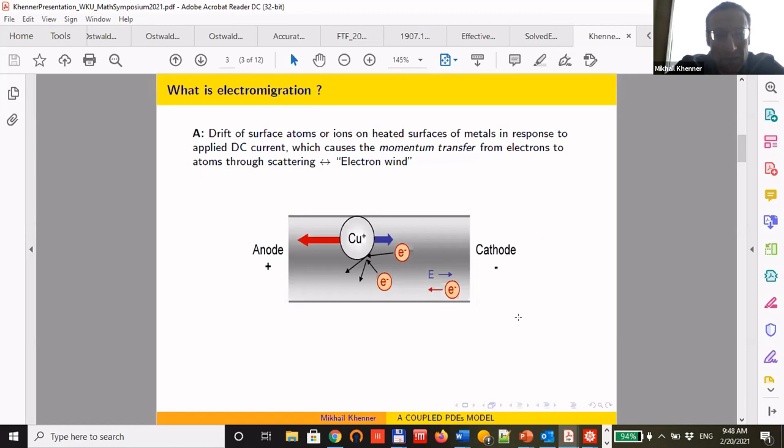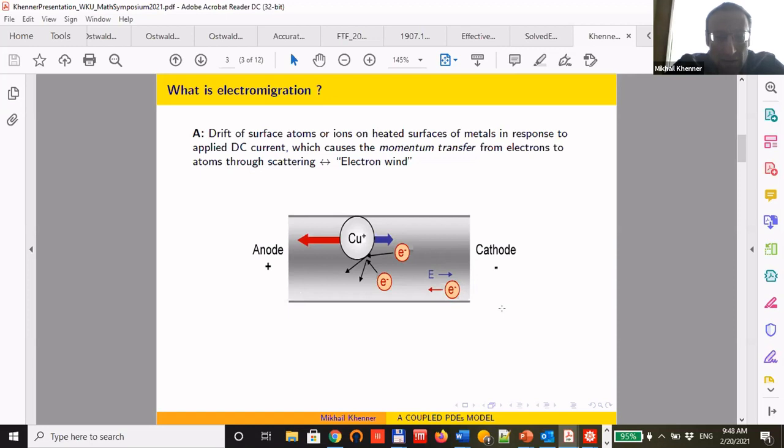This, of course, induces an electric current through the conductor. The current is from anode to cathode, while the electrons move in the opposite direction.